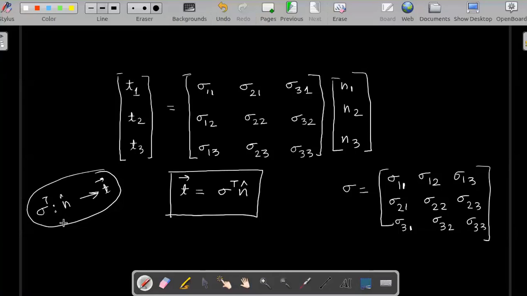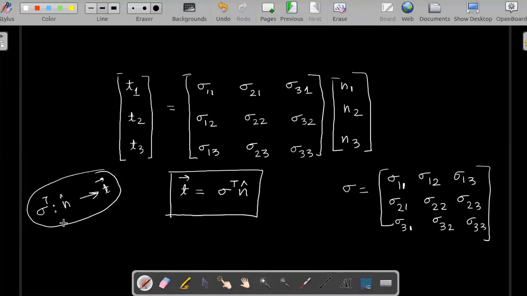You may have infinitely many different planes; just give me a normal vector, and I will give you the traction vector on that plane if you have sigma defined at that point. So sigma is the property of a point. Sigma is not the property of a plane. Sigma is a unique value for a point.